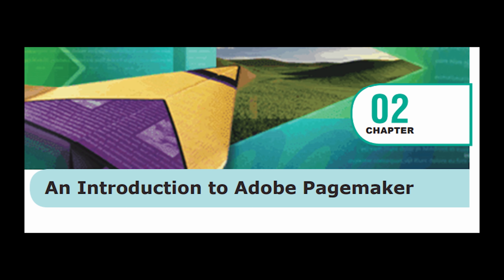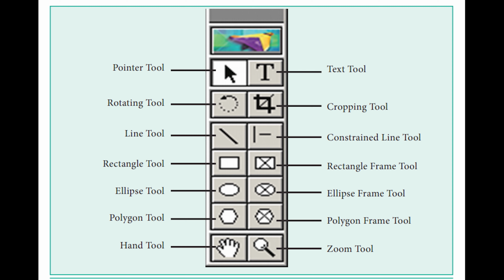First one is tools in the PageMaker toolbox, that we saw, right? Pointer tool, and all those tools. You have to mention the tool's name and explain that tool's use also, right? We saw that in page number 22, the toolbox usage. The first 5 mark is in page number 22, right?